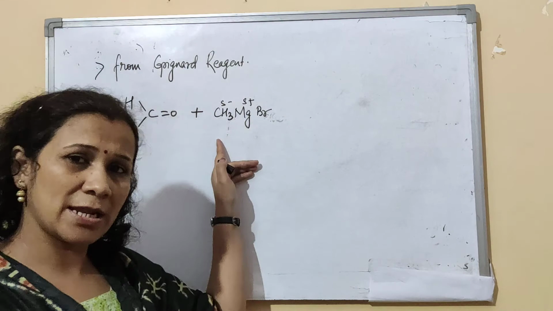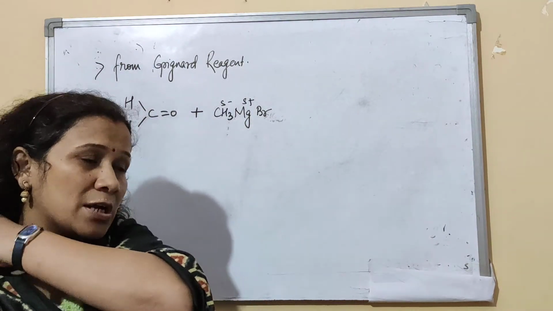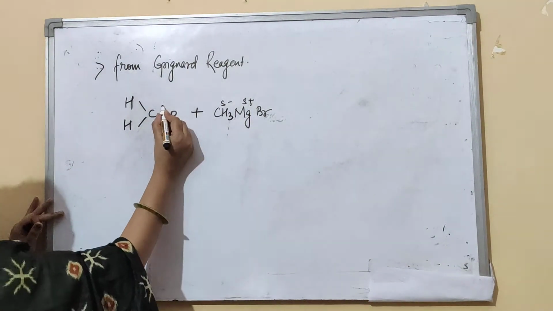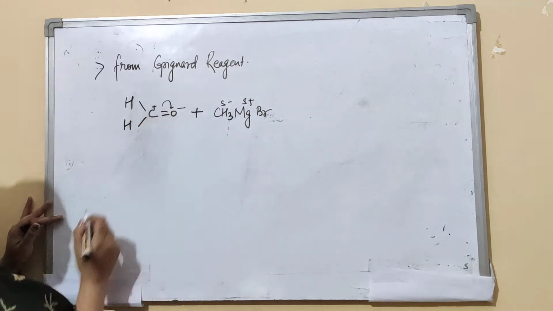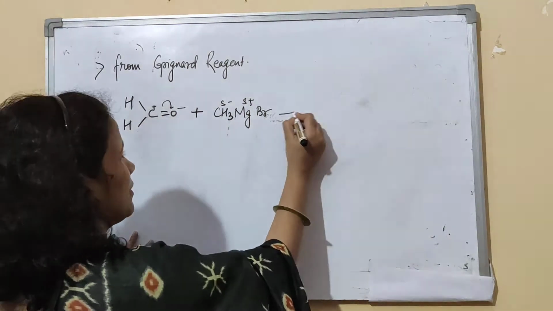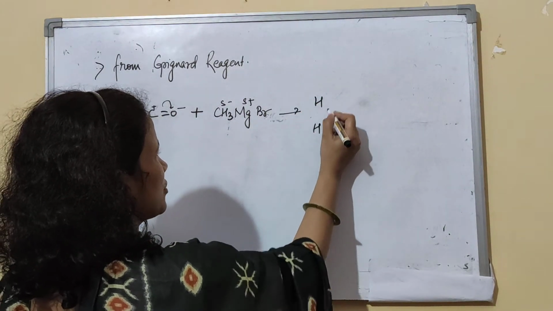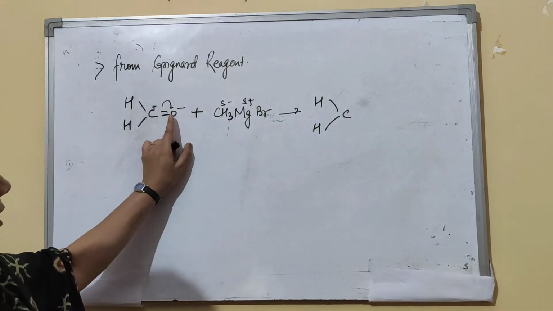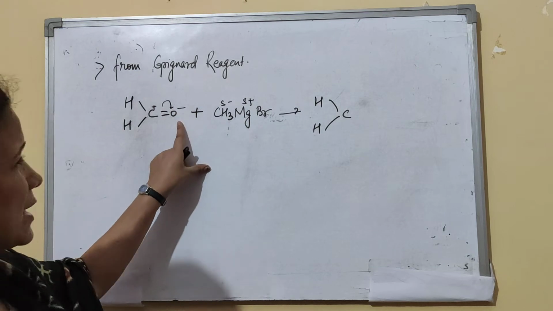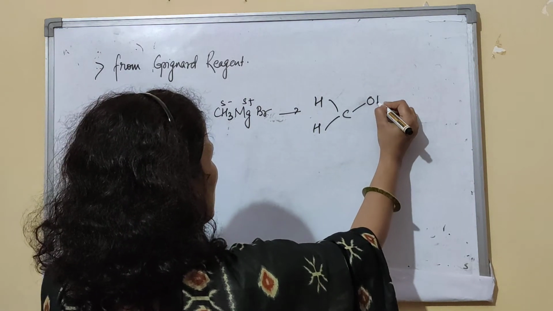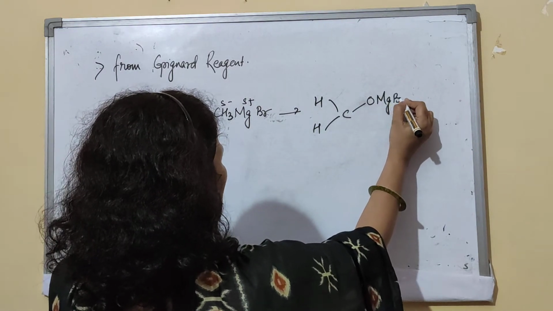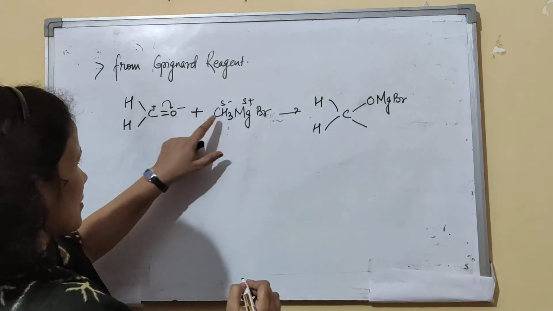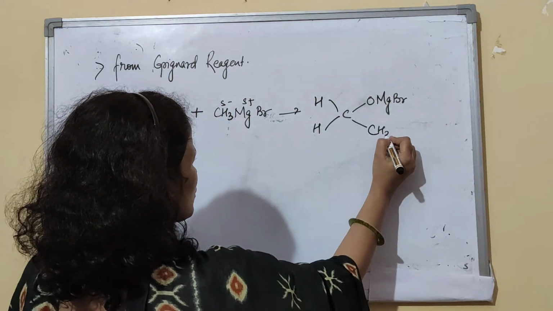Metals are always electropositive, that is why the positive charge. Then the pi bond shifts, this becomes negative, this becomes positive. This is hydrogen, this is hydrogen. Carbon is positive, so the negative will go and get attached, and this O is negative. So you will write O-MgBr, and this CH3 will go to this carbon.